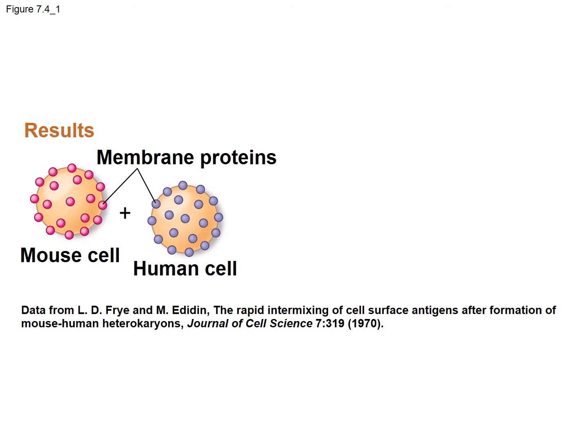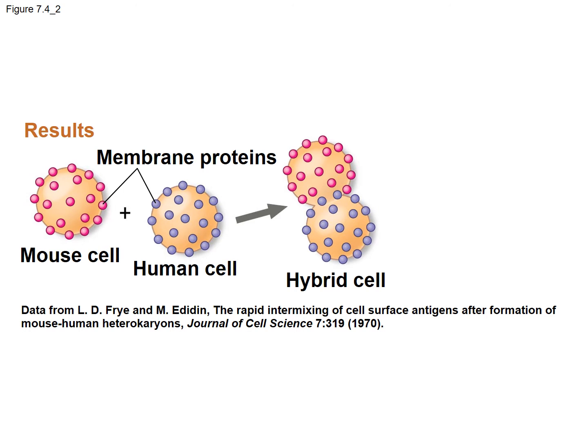Well, then they fused those cells together to create a hybrid cell. So now we've got one larger cell, which is part mouse and part human, with two different labels.